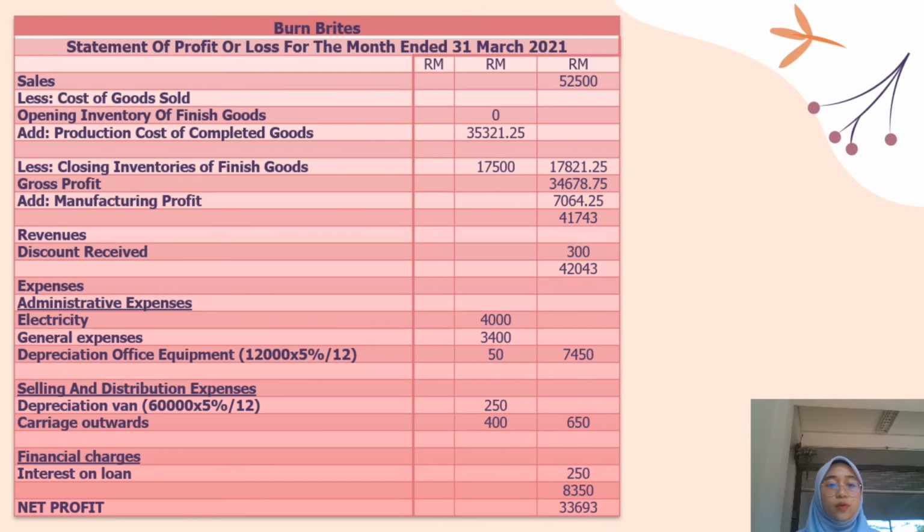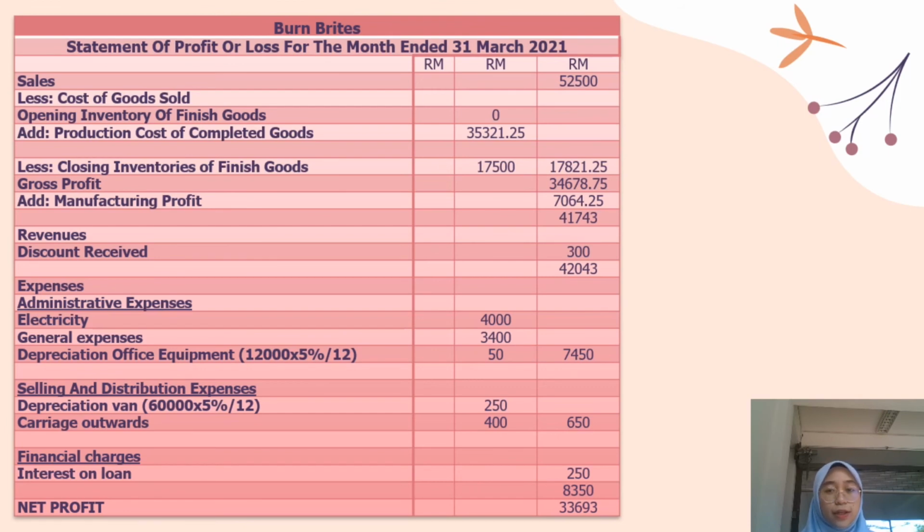After that we add manufacturing profit, where we get 41,743. And then we add revenues and minus expenses, where we have administrative expenses, selling and distribution expenses, and financial charges. After we total out, we get the net profit of 33,693 ringgit.